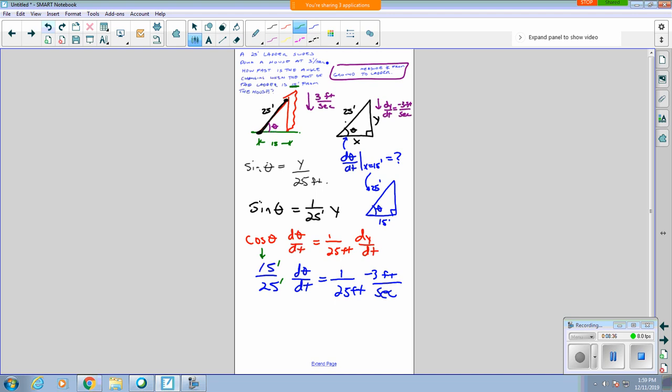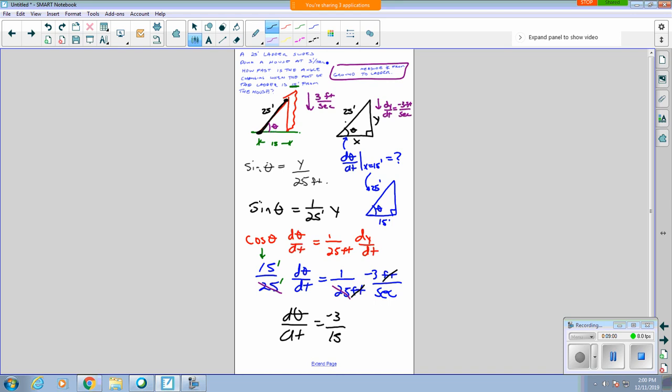But now, again, this is just how I operate. I see feet and feet, I get rid of those. I see that we have 25 on both the bottoms, so I can get rid of those. It's one term on both sides. And now I'll take the 15 feet on the left and divide it over to the right and get d theta dt equals -3/15.